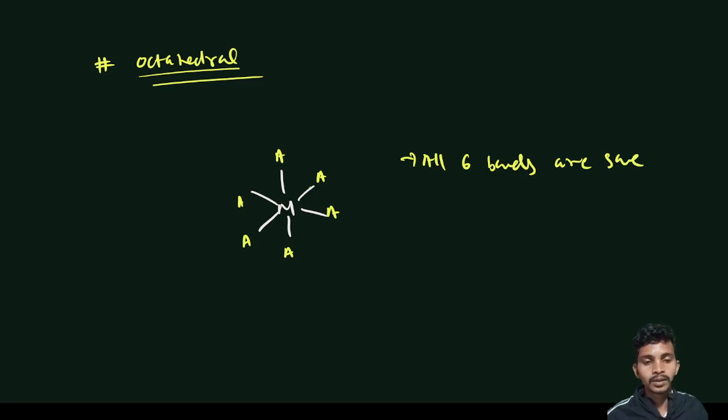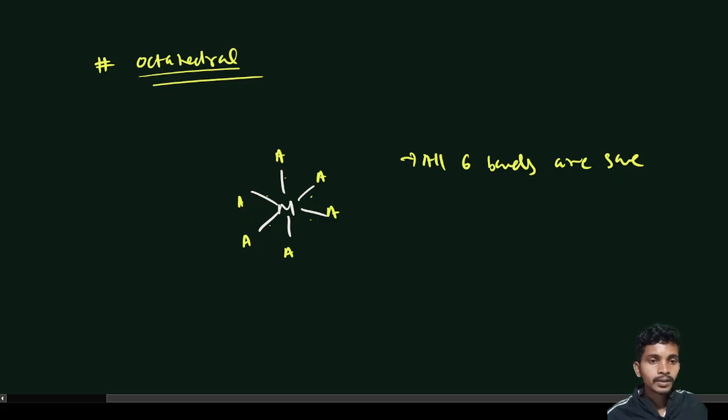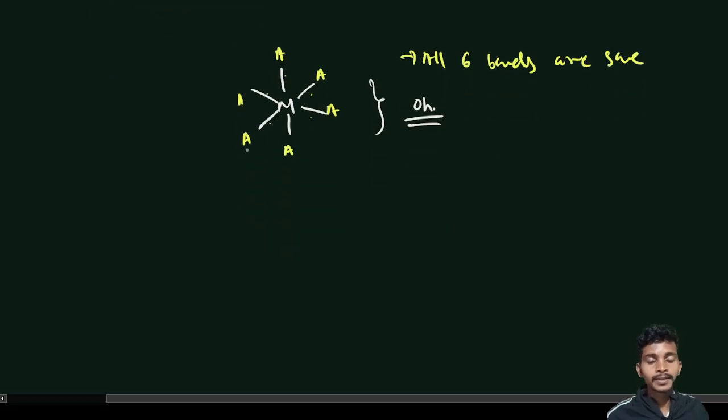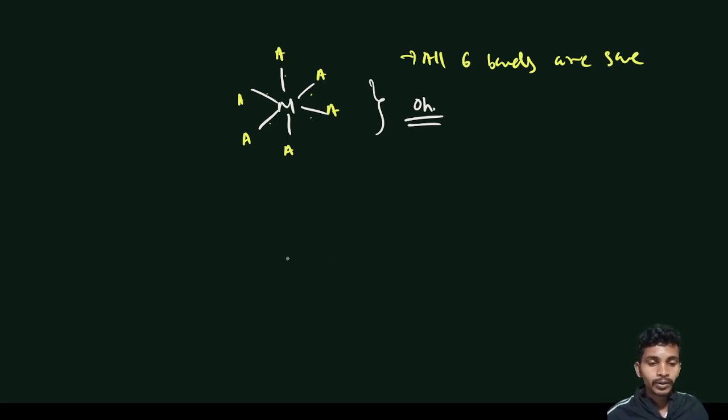So if you change any direction, it will be the same, because all bond lengths are the same. Okay, so this is a highly symmetric point group, that is the octahedral point group. We have discussed that the highly symmetric group has highly symmetric elements, symmetry operations. Now if we replace the atoms, then how will the point group change?